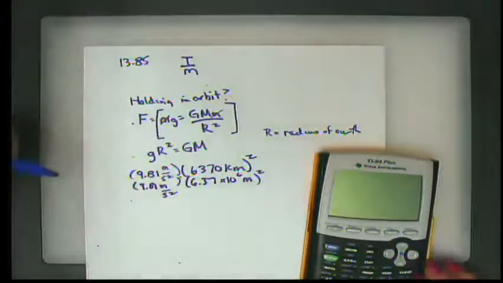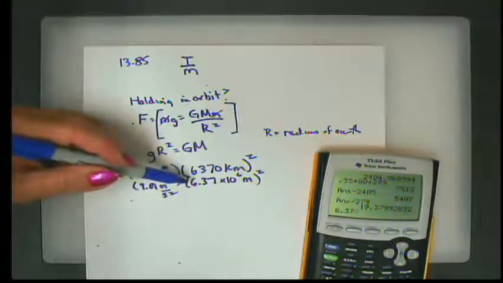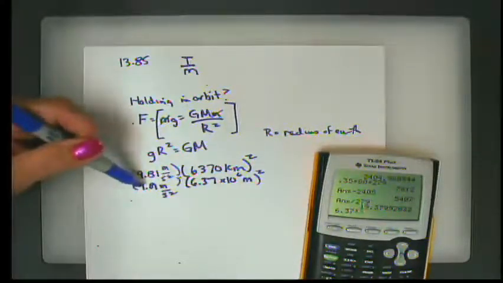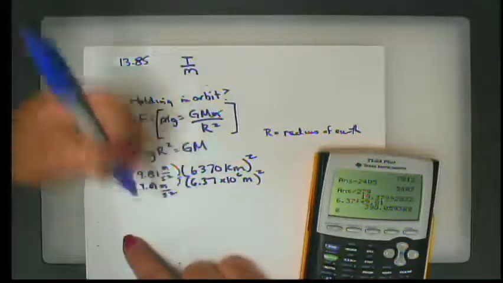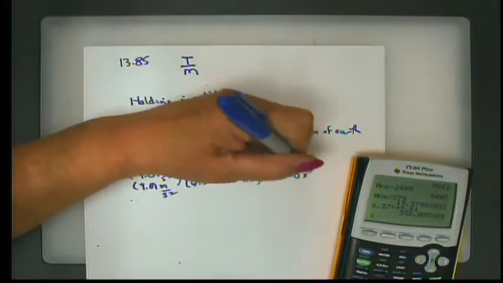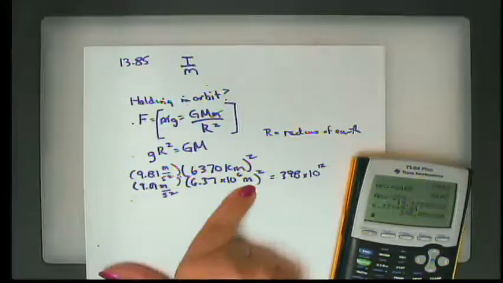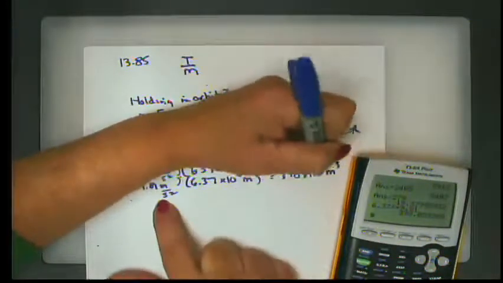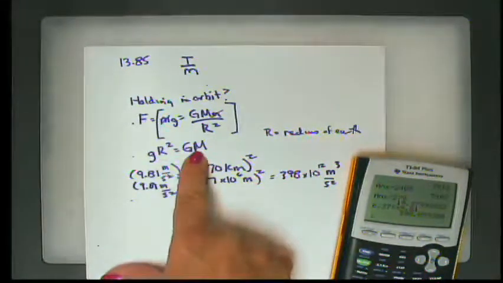So we have 6.37 squared times 9.81, and then 10 to the 6 squared is 10 to the 12th. So I get 398 times 10 to the 12th. And my units, if I have meters times meters squared, are meters to the third over second squared. Okay, so that's a constant that we can think about using on Earth.